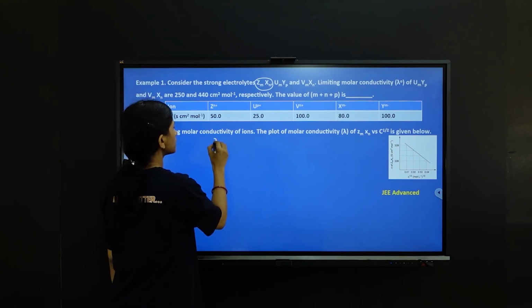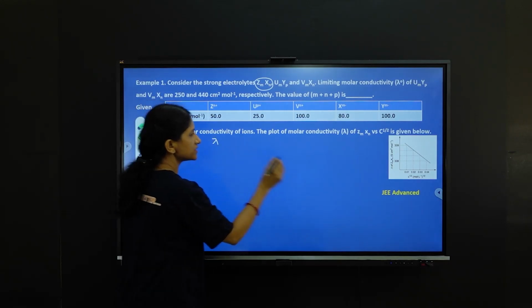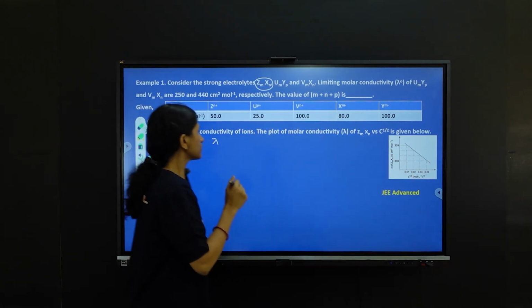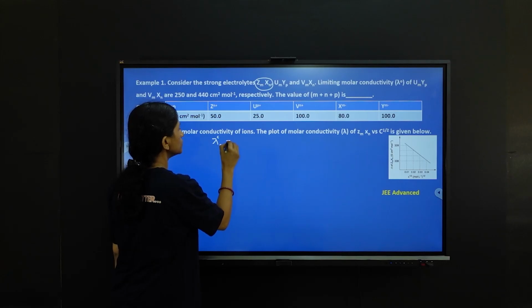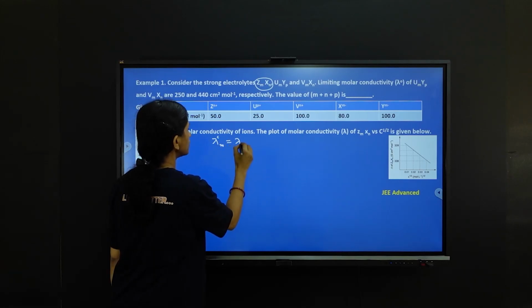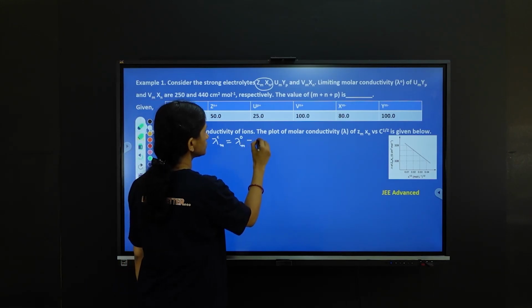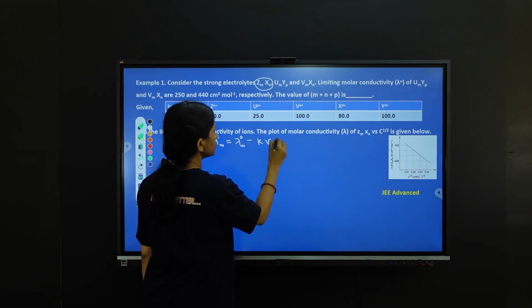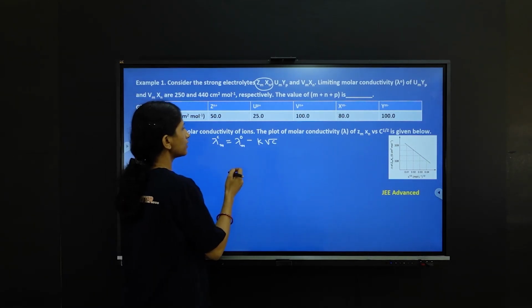Because it is a straight line, you can see, we can write that lambda m at C is equal to lambda m0 minus kappa root C.